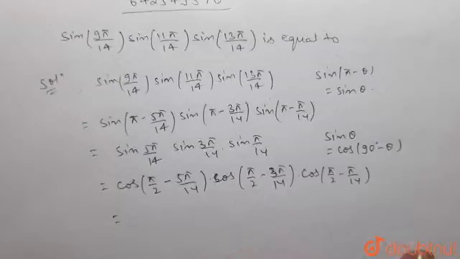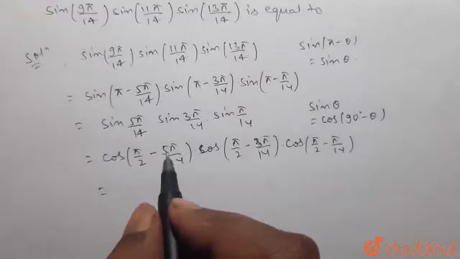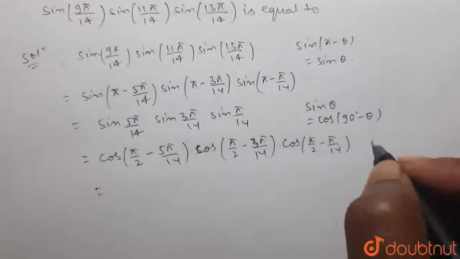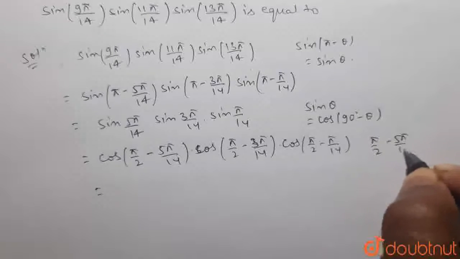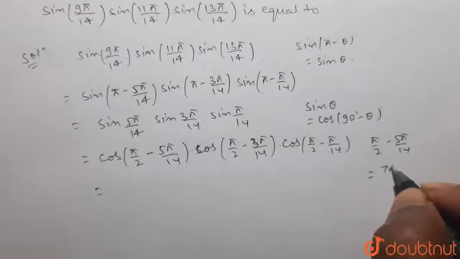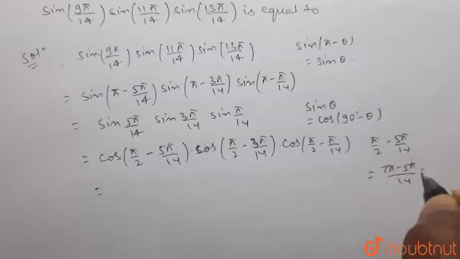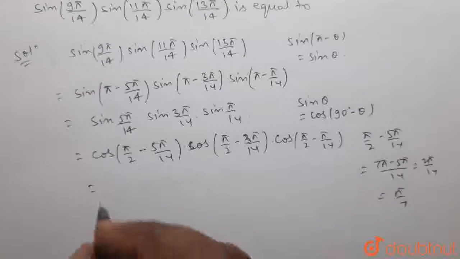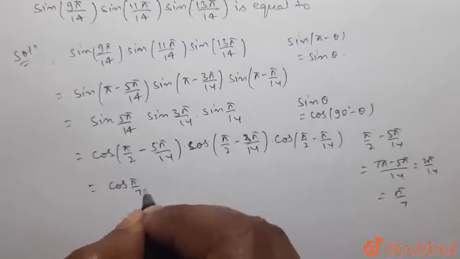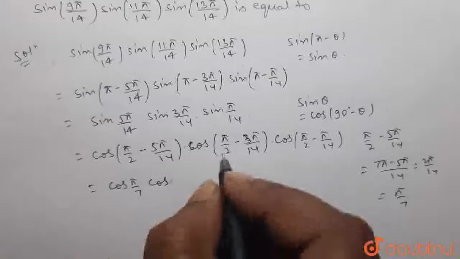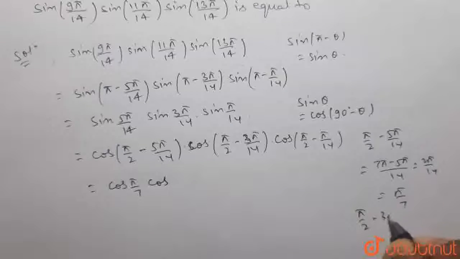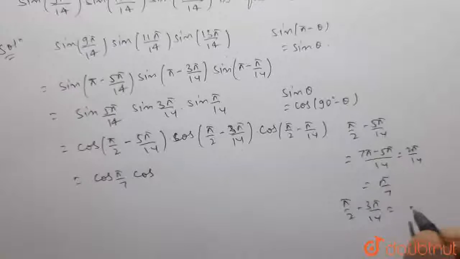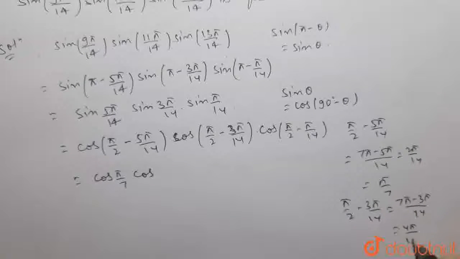Now cos pi by 2 minus 5 pi by 14 will be equal to, now pi by 2 minus 5 pi by 14 equals 7 pi minus 5 pi by 14, which is equal to 2 pi by 14, which is equal to pi by 7. So this will be equal to cos pi by 7. Now multiplied with cos of, now pi by 2 minus 3 pi by 14 will be equal to 7 pi minus 3 pi by 14, which is equal to 4 pi by 14, which is equal to 2 pi by 7.